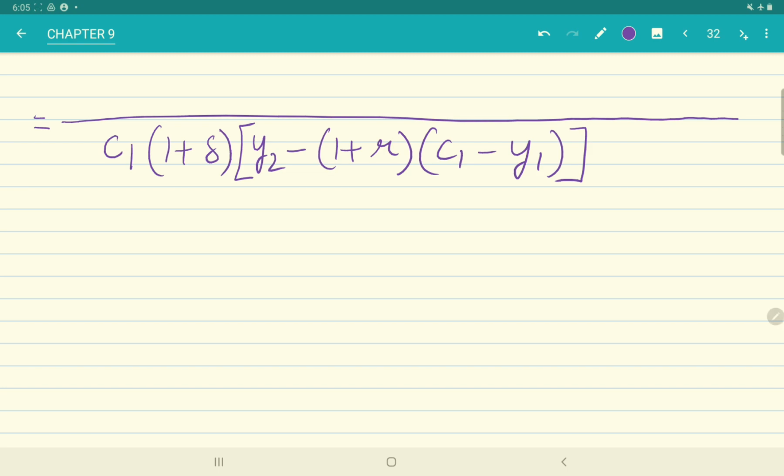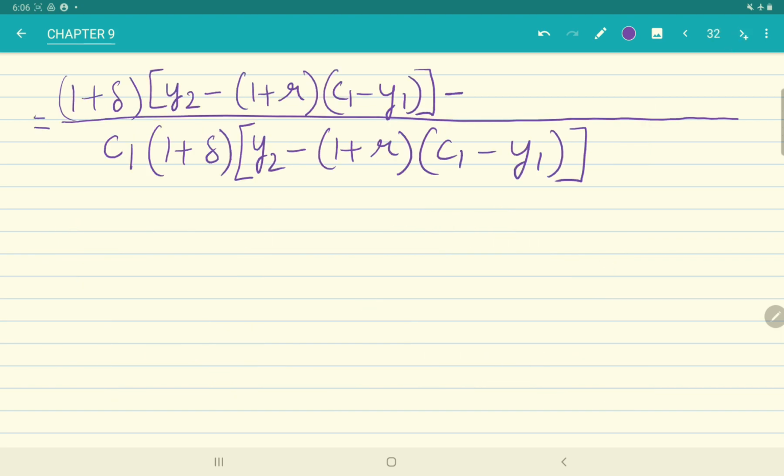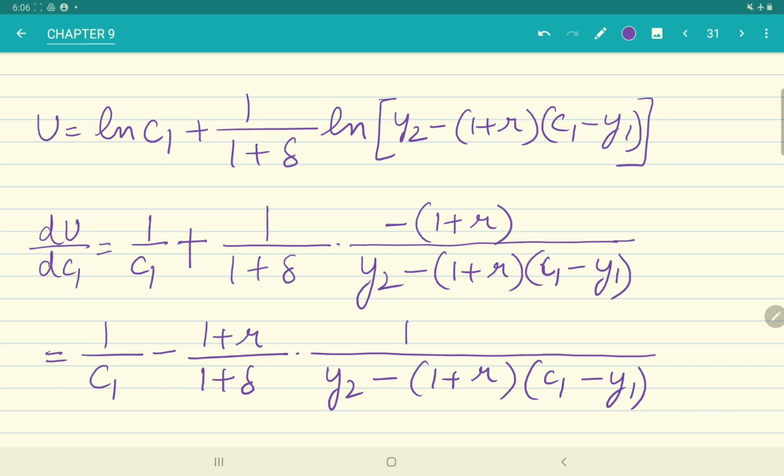And then I can write here 1 plus delta times y2 minus (1 plus r)(c1 minus y1), and it is then minus (1 plus r) c1.